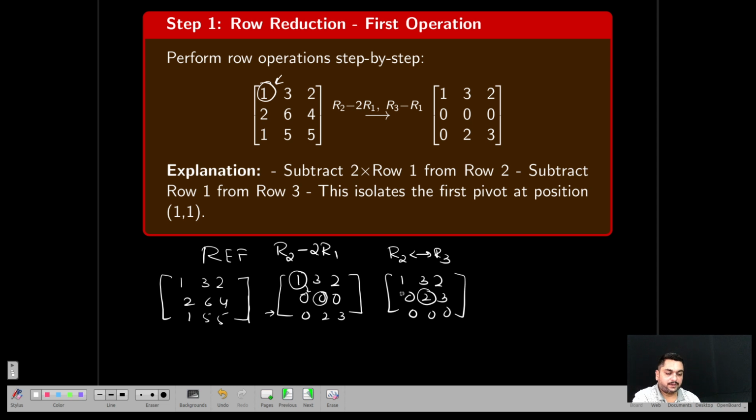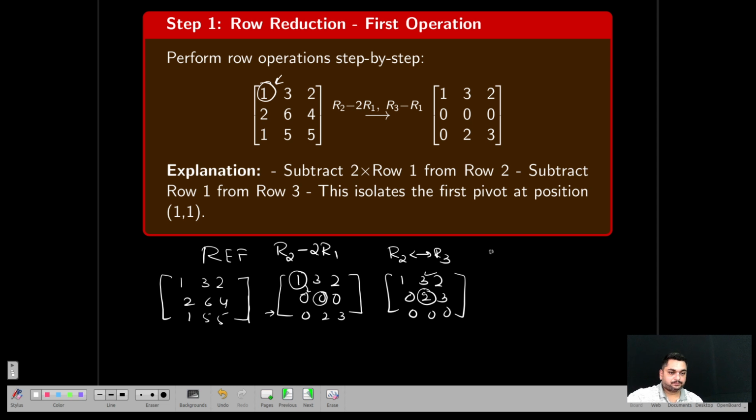Now this has to be made 1. How will you make it 1? So to make it 1, observe here, there is 3 here. There is 3 here. So if I subtract 2 minus 3, I will get it as minus 1, and then again I can change the sign, right?